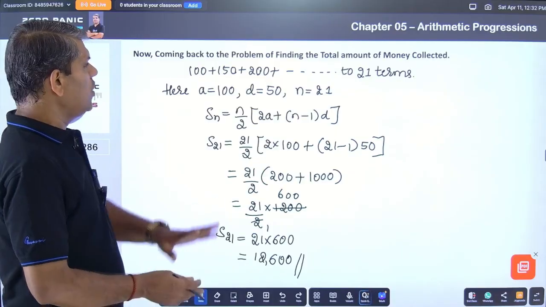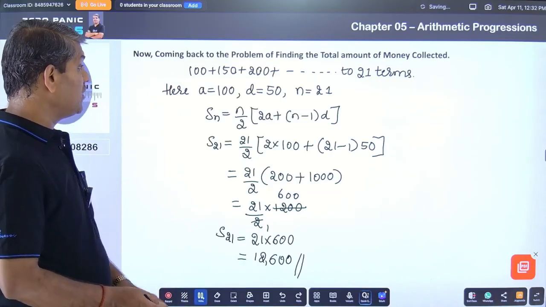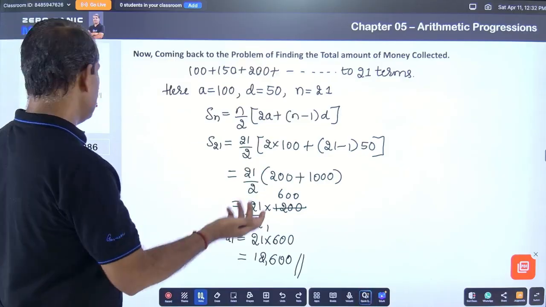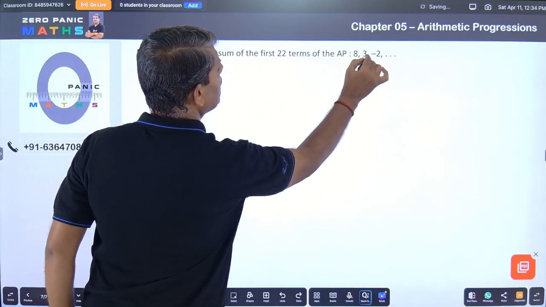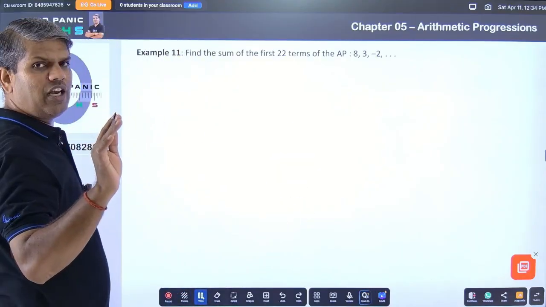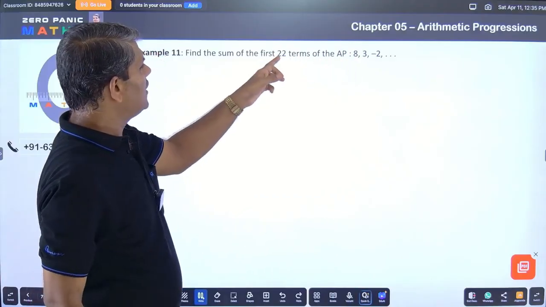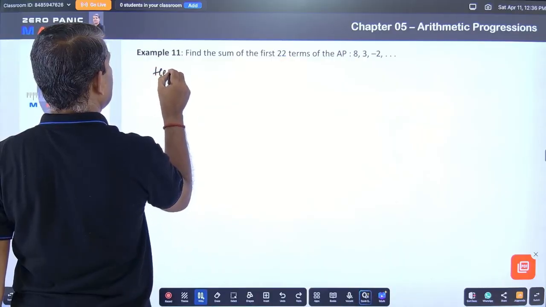Let us see some examples based on the same formula and derive different sums. Now find the sum of the first 22 terms of this. They have directly given a, d and n here, 22 terms. You don't have to say let.